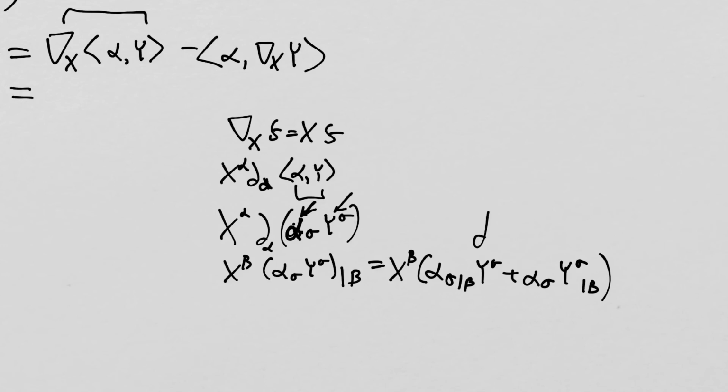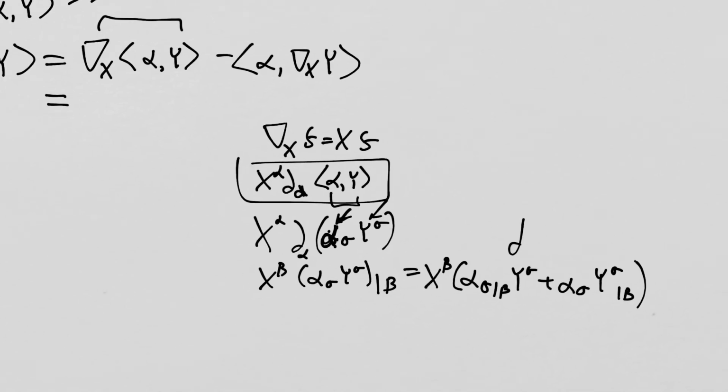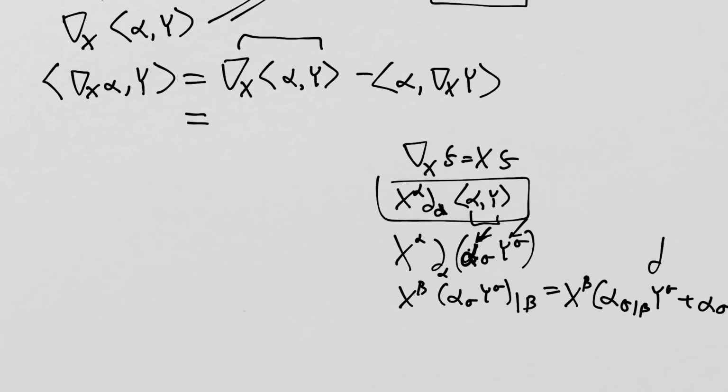So that can ultimately be substituted for this and put right here. So let me do that. So it was x^β α_σ ∂_β y^σ plus (∂_β α_σ) y^σ, like that.